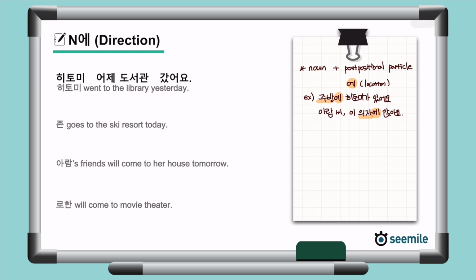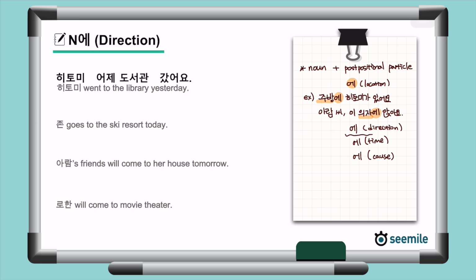There are other situations where this particle 에 can be used. Actually, its usage can be separated into 4 broad classifications. Location, which you've already learned, direction, time, and cause. Let's examine them one by one.